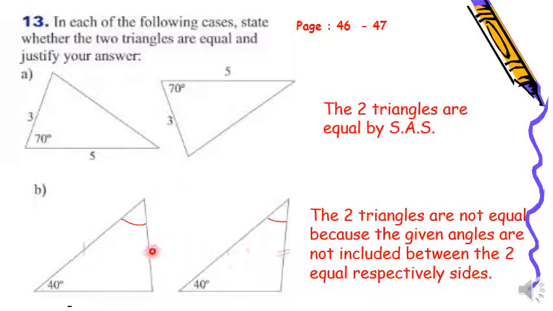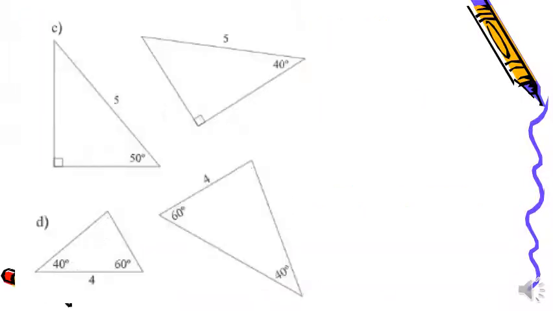This side is equal to this side is equal to this side, but the given angles are not between these two given sides. We are saying side, angle, side. The angle must be included between the two equal respectively sides. So in this case, these two triangles are not equal.